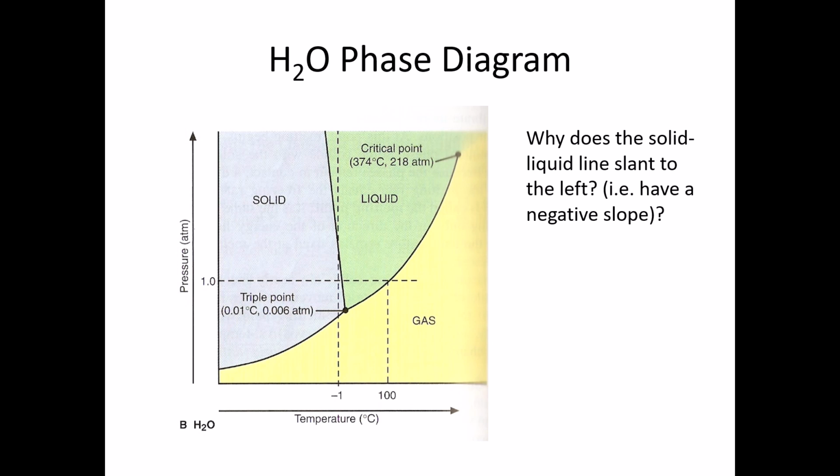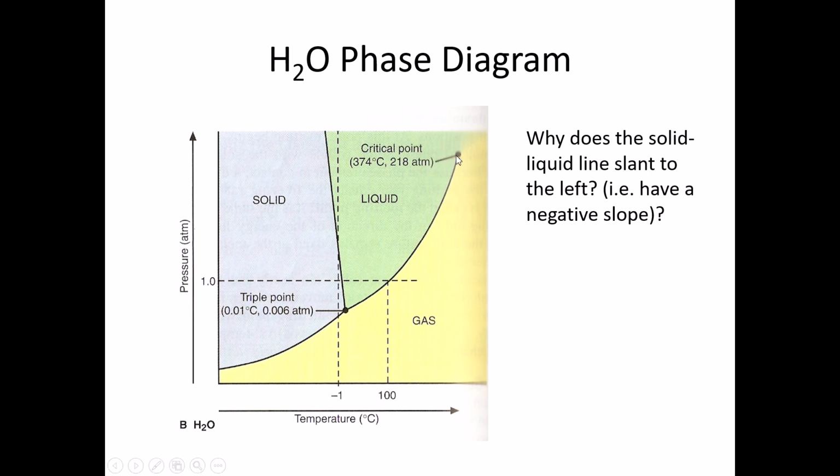This is the phase diagram for water, and we see the same areas of solid, liquid, and gas. We see the triple point, which actually does occur under the 1 atmosphere line, so we can see solid, liquid, and gaseous water. And we have the critical point way at the top here at very, very high temperatures and pressures.